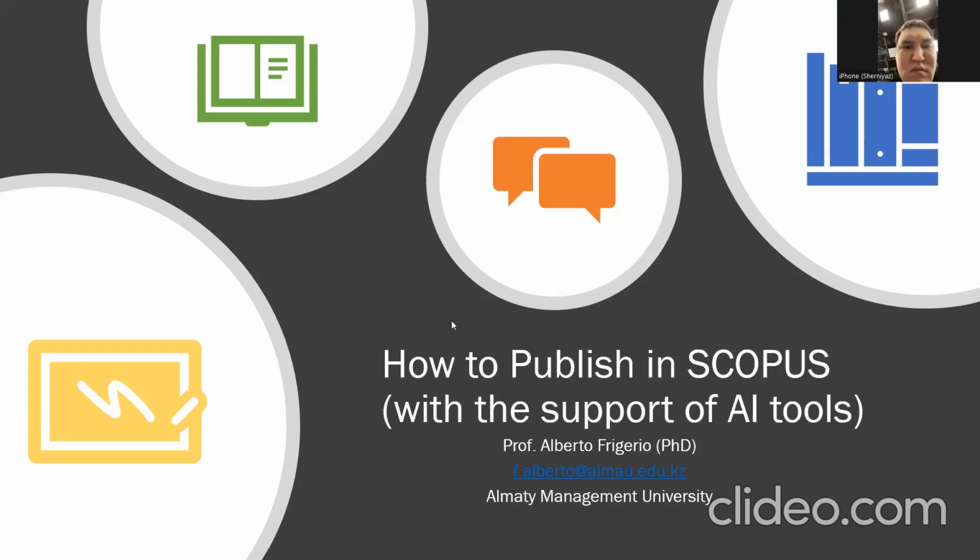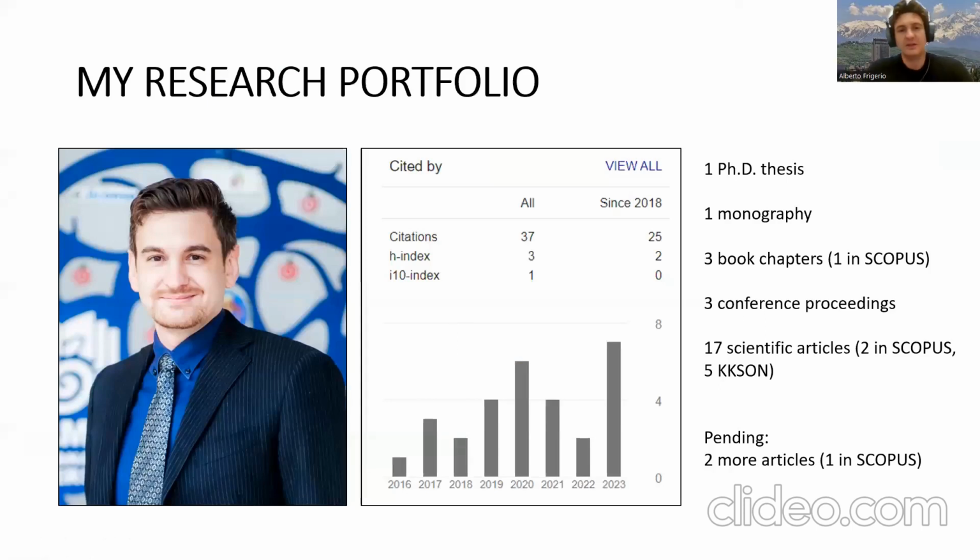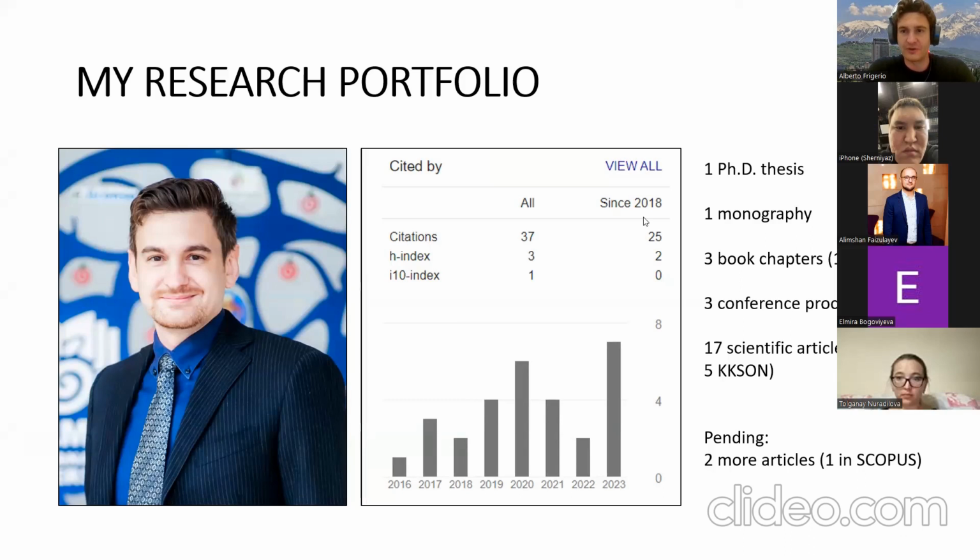With this first slide, it is not really for my ego, but just to show you that I'm still in a relatively early phase of research, in the sense that I have a bit more than 20 publications, around 37 citations, and an H-index of 3.